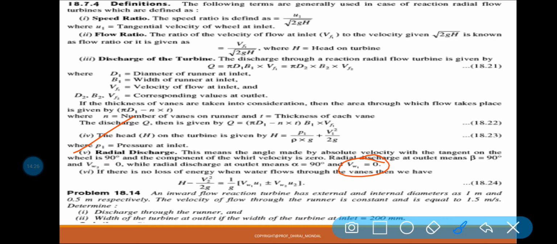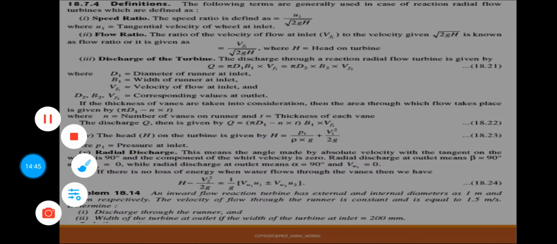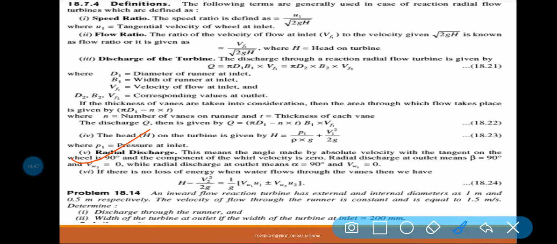Radial discharge means the angle made by the absolute velocity with the tangent on the wheel is 90 degree and the component of whirl is 0. So radial discharge at the outlet means beta is equal to 90 degree and Vw2 is equal to 0, that we know.